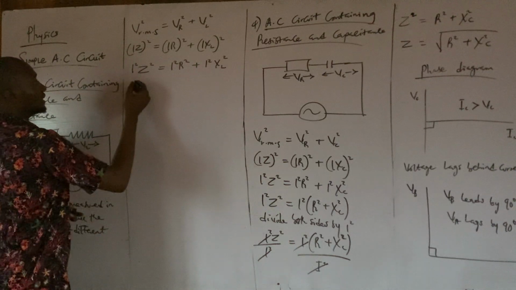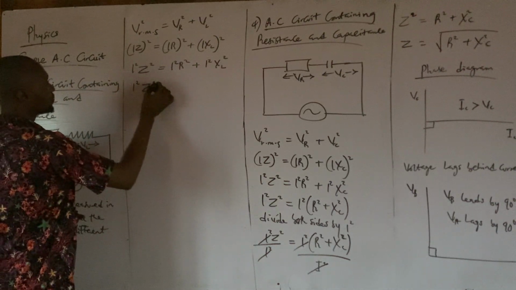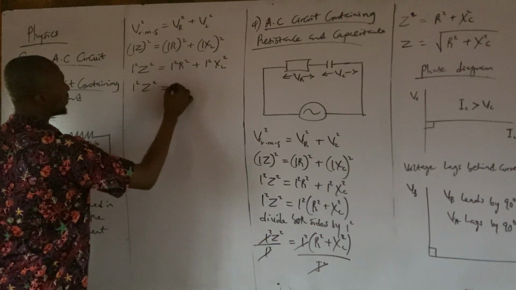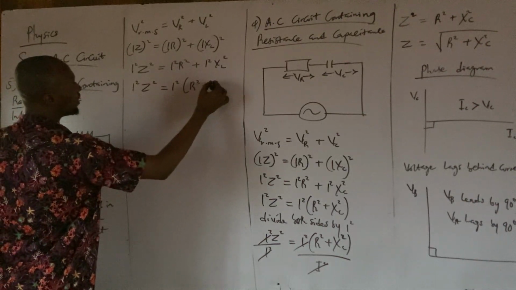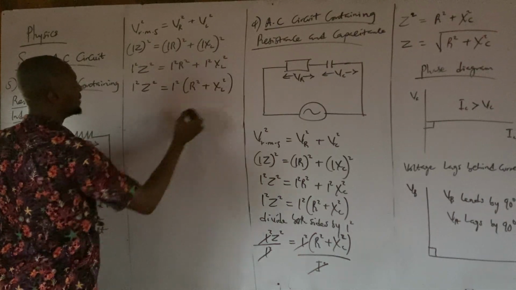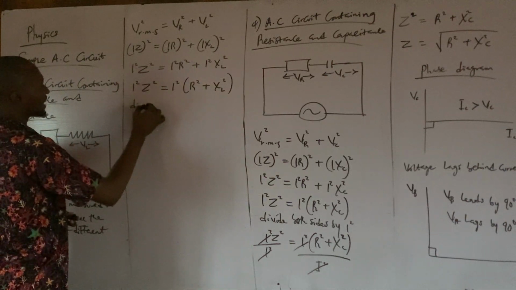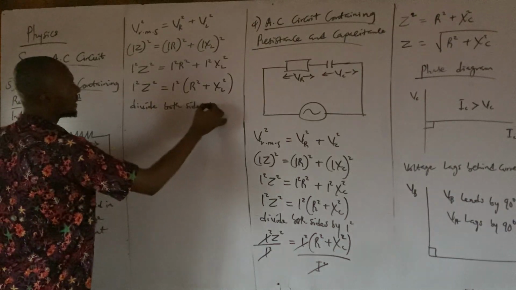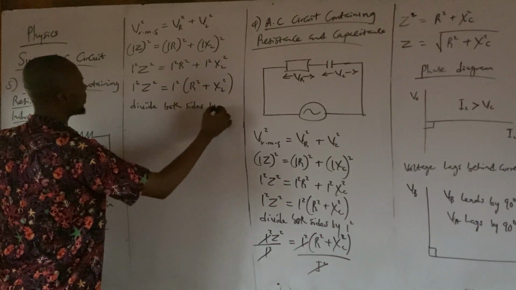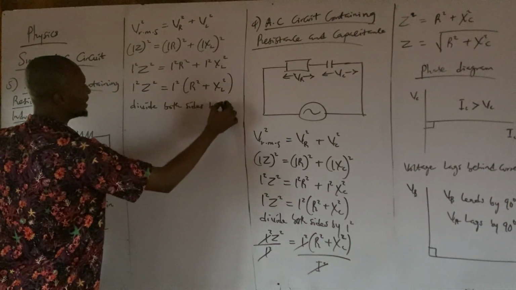So I squared Z squared equals, the common factor here is I squared, so I squared times the bracket R squared plus XL squared. Now divide both sides by the coefficient of Z, that is by I squared.